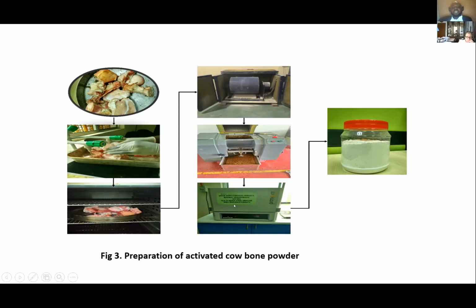Then this is the activation stage where the bones were activated at 700 degrees Celsius for 5 hours. So at the end of it, there were reduction in particle sizes from 75 to up to 300 micrometer upward. And this is the cow bone powder produced as a result of the synthesis.